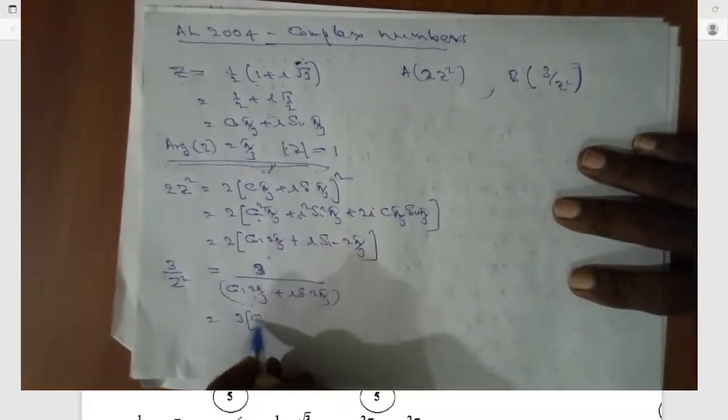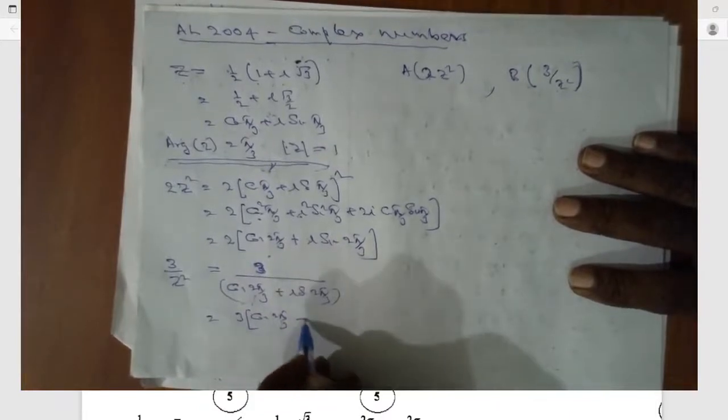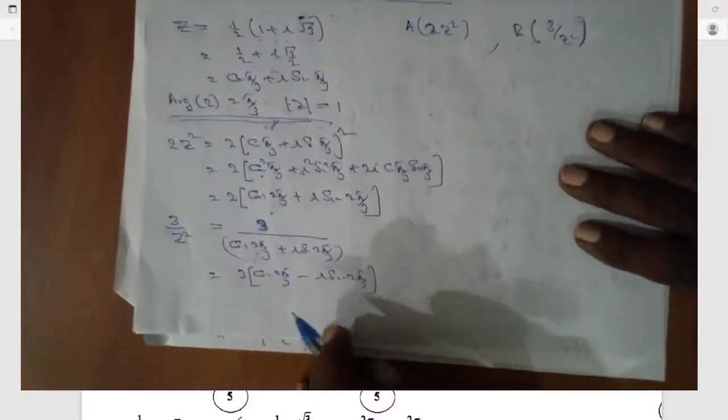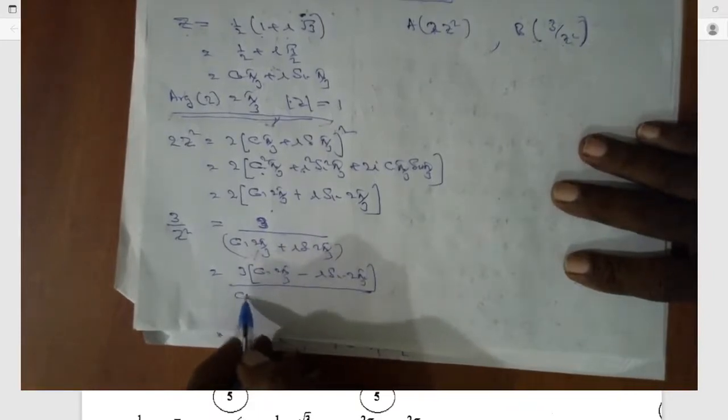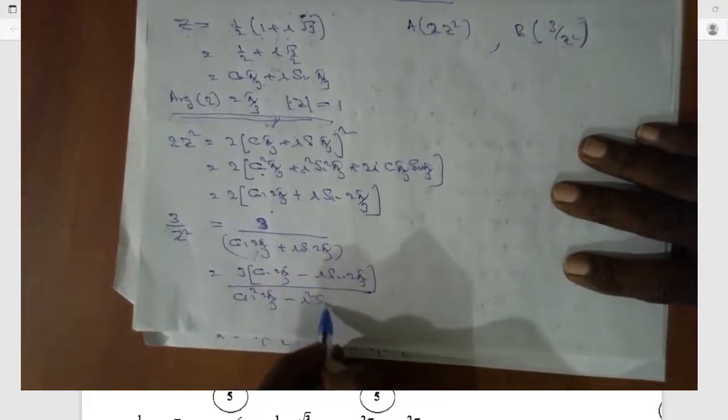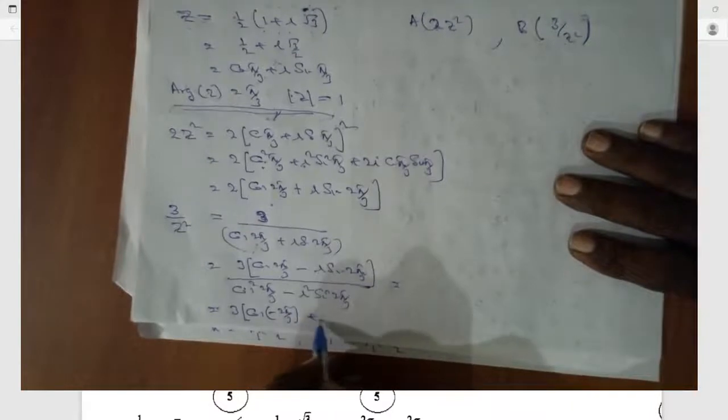So this equals 3 times cos 2 pi by 3 minus i sin 2 pi by 3, if you multiply top and bottom by the conjugate of this complex number, you get cos squared 2 pi by 3 minus i squared sin squared 2 pi by 3 in the denominator. So this equals 3 times cos minus 2 pi by 3 plus i sin minus 2 pi by 3.